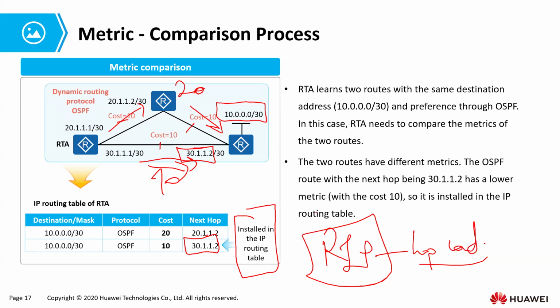With RIP, instead of using the bandwidth, to get to the destination you ask what the hop count is. Like when my routers are hopping, if I hop one router it is one hop count, then another one, 2, 3. How many hops in total? The one with fewer counts has the lower cost, and that's the preferred route. That's another protocol using another metric. But for this one, we're using OSPF, whose metric is bandwidth.